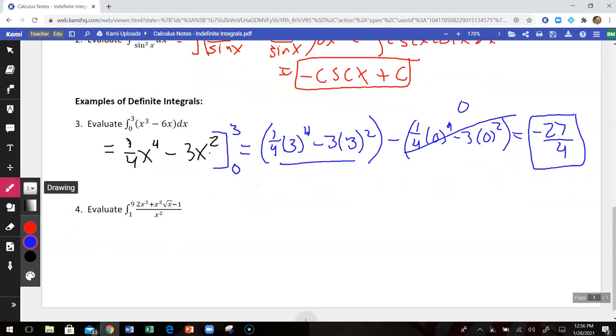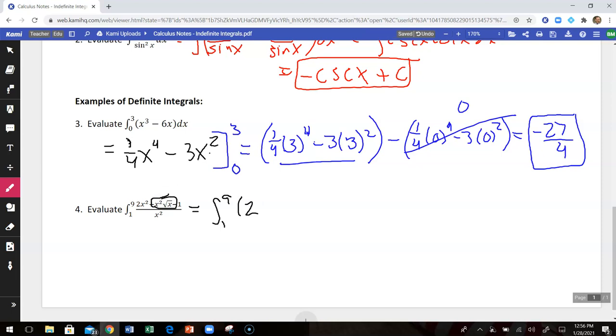Number 4 is a little bit more complicated. I need to simplify the inside here first. Essentially I'm just going to take each term and divide by x squared. So that 2x squared is just going to become 2 when I divide it by the x squared. When I take this middle term and divide by x squared, the x squareds would cancel and I'd be left with the square root of x.